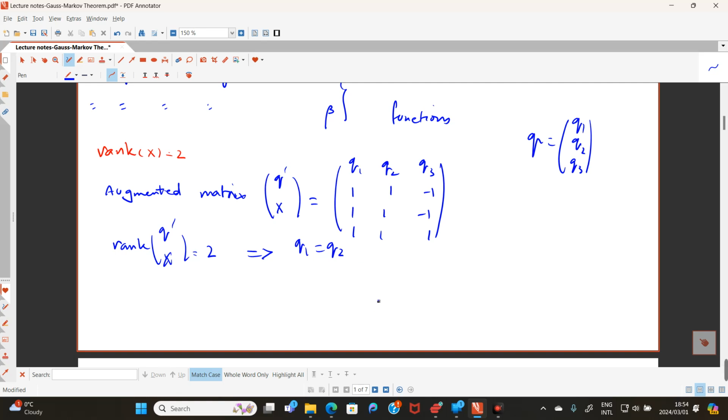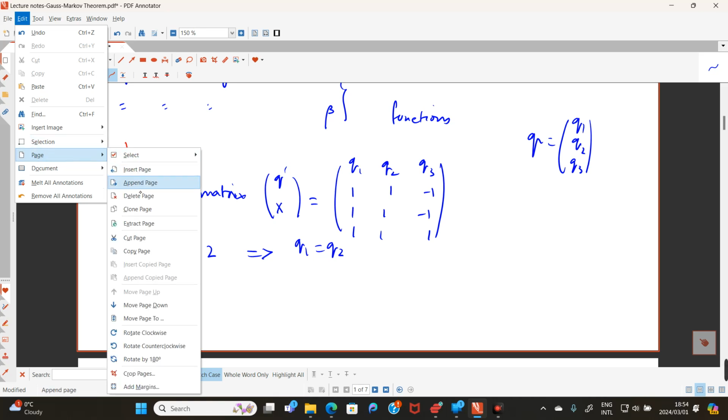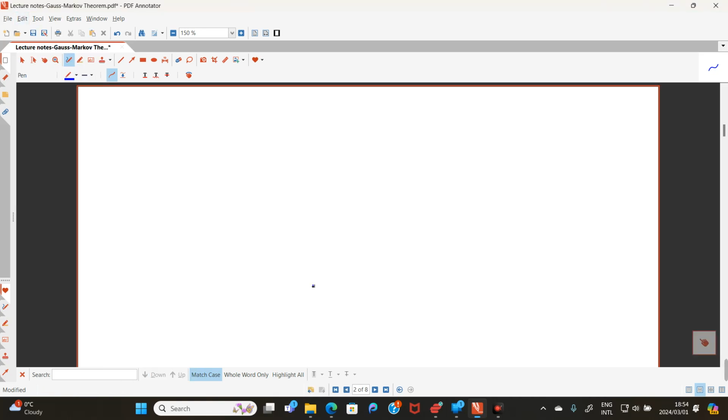Now let's go to examples. Let me add another page. Once again, we consider the same example. I said we're going to carry that example up to the end.